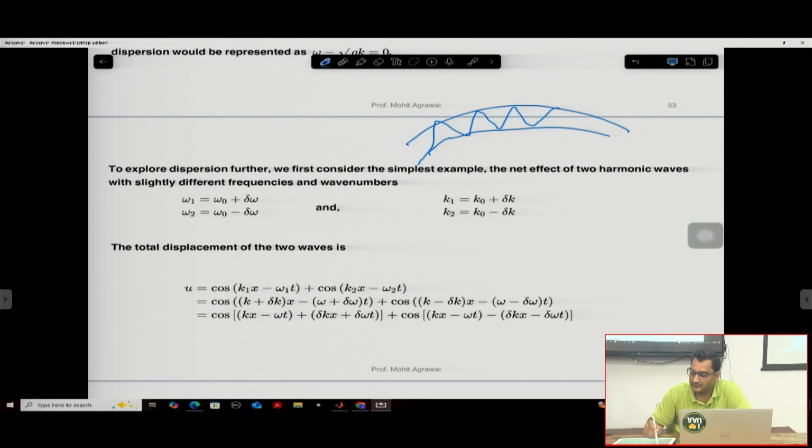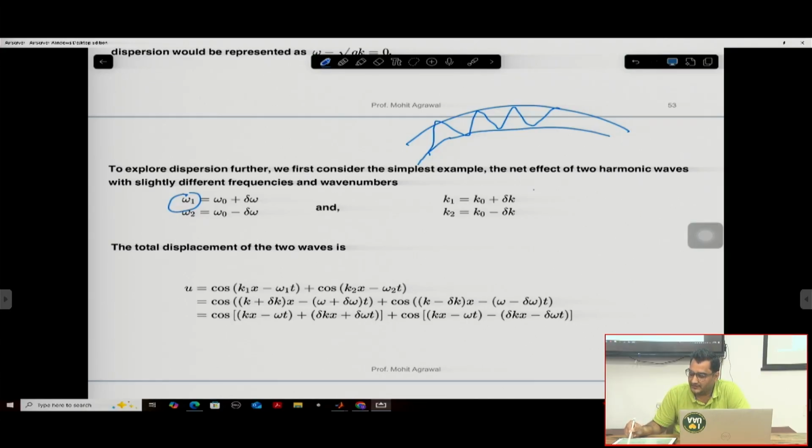One wave has angular frequency omega 1, another has angular frequency omega 2, where omega 1 is equal to omega naught plus delta omega, and omega 2 is omega naught minus delta omega. There is a slight difference in the angular frequency.